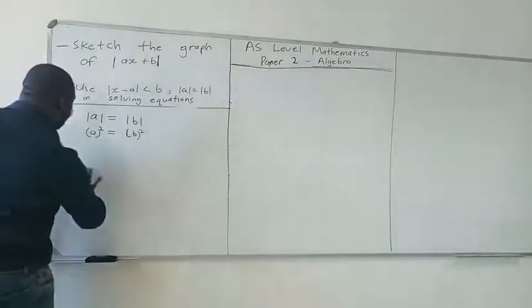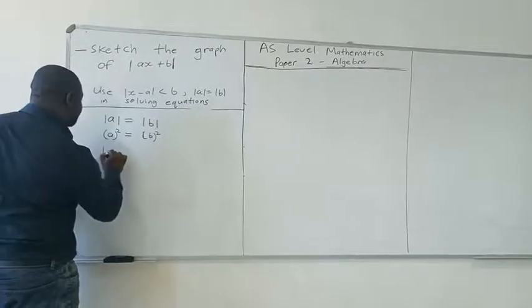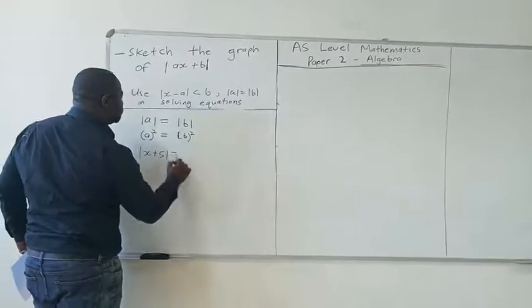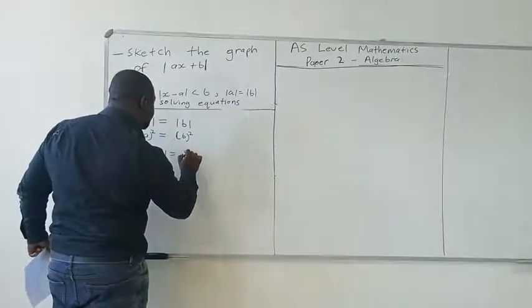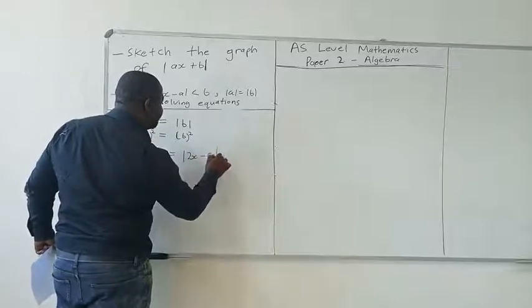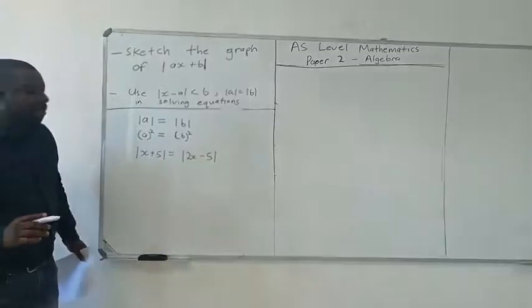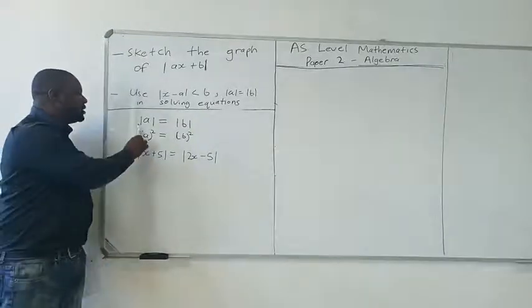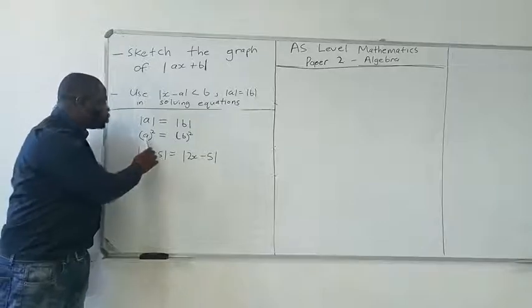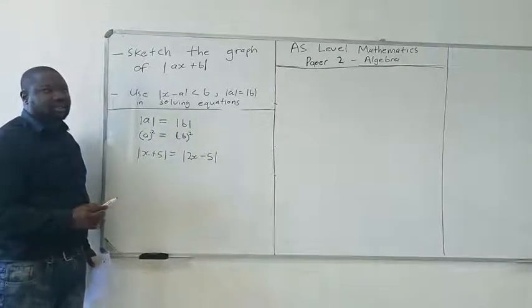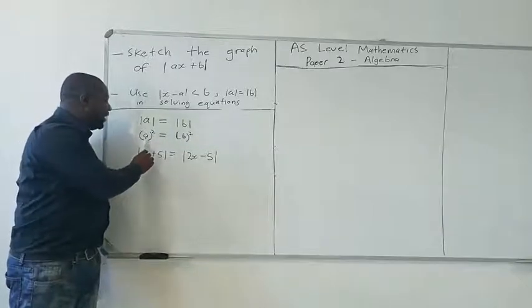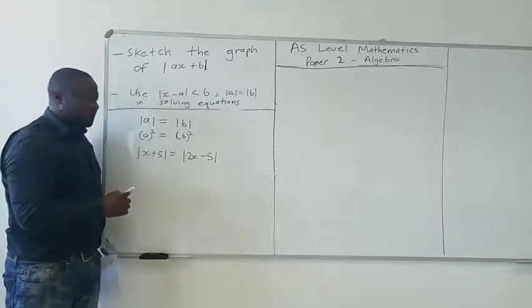Let's say we've got magnitude of x plus 5 is equal to magnitude of 2x minus 5. As I already mentioned, when we've got the modulus function on both sides, it means that we need to square both sides.